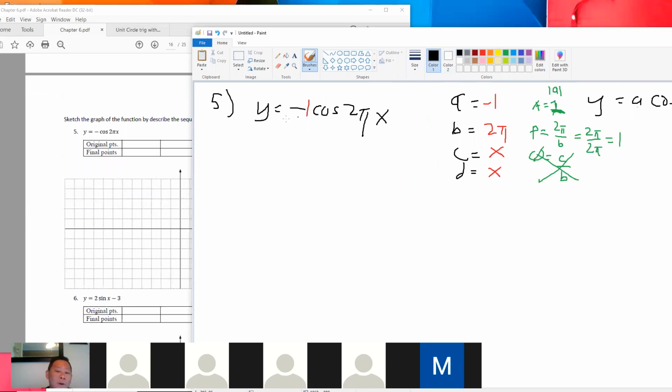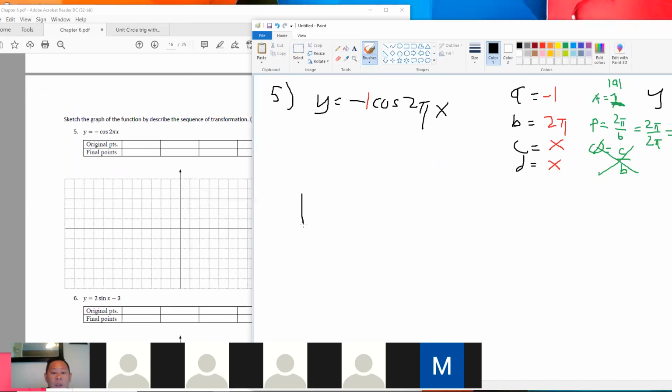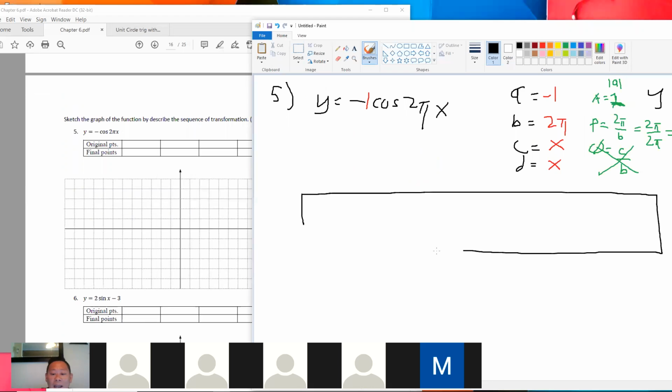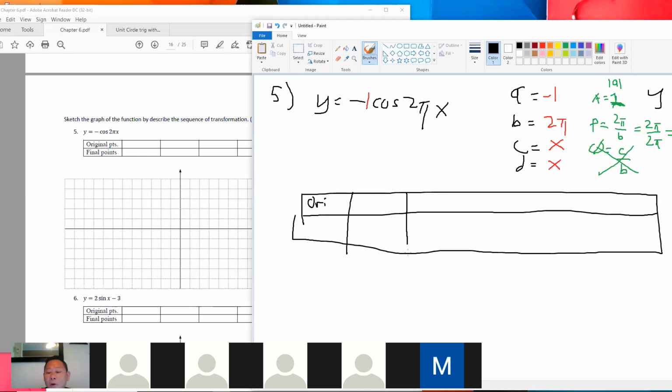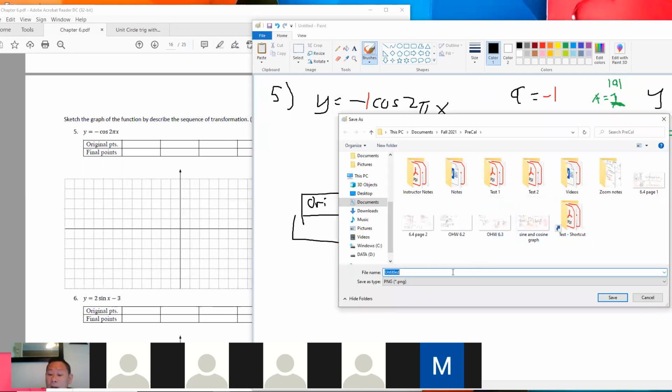Now, the next thing you need to point out here is the original points. I'll fill in this table here. What is the meaning when I say original points? The original points are the 5 points that we used early on. If you remember the 5 points that we used for cosine, and if you forgot, it's fine, I can show it to you.